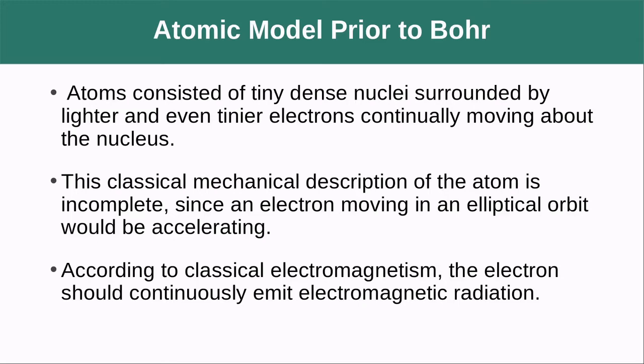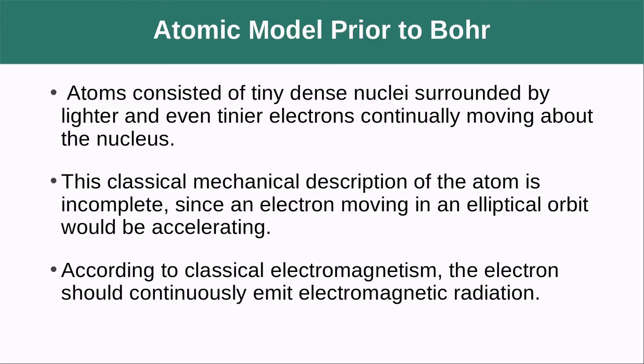So we've already kind of had this idea, right? This classical mechanical description of the atom is incomplete, since an electron moving in an elliptical orbit, like the moon moving around the Earth, would be accelerating. And if it is accelerating and it has a charge, an accelerating charge is going to emit electromagnetic radiation.